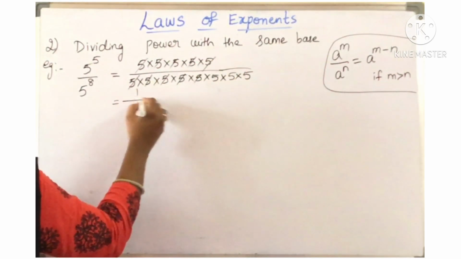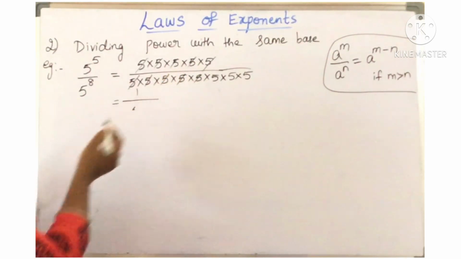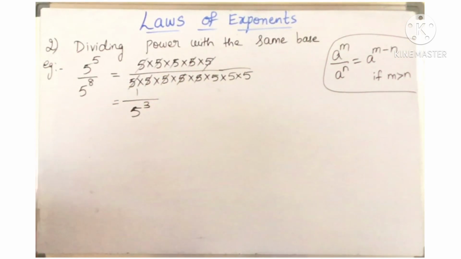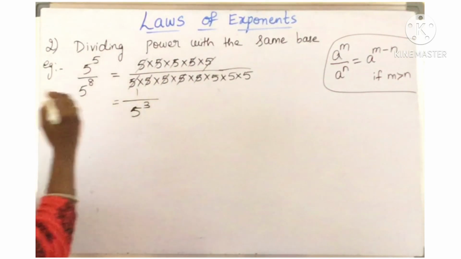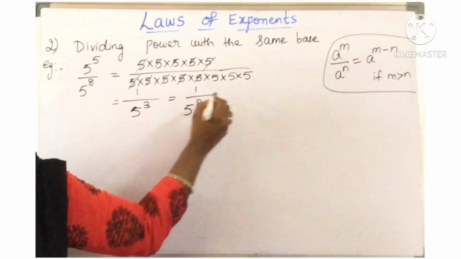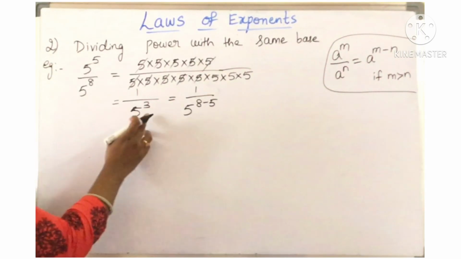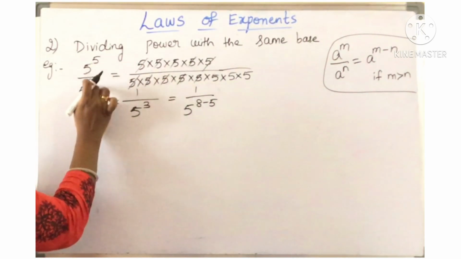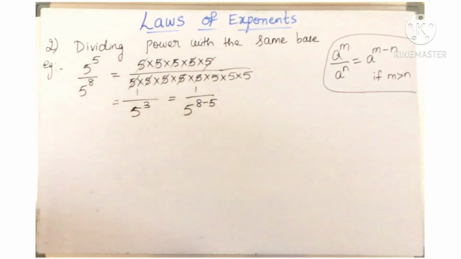So what did you get here? 5. How many 5s are left over here? 3. So 5 cube. So 1 by 5 cube you got, right? Now this is same as 8 minus 5. How did you get 3? 8 minus 5, because 8 is in the denominator. So 8 minus 5.